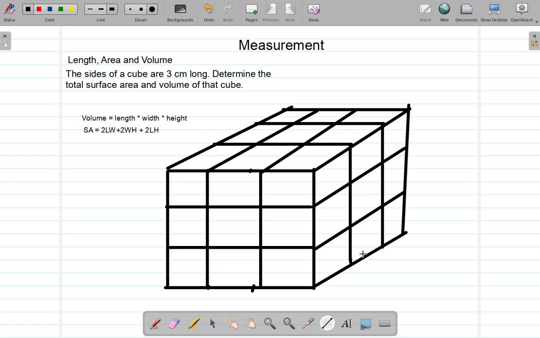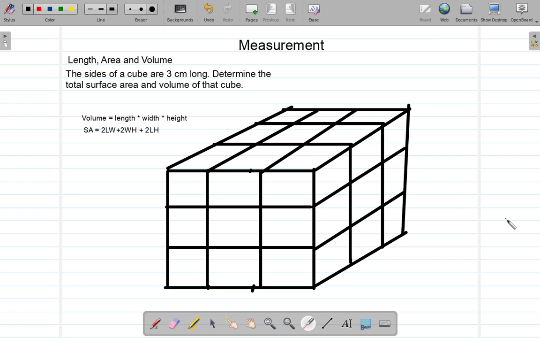Good. So what we have is a height of 1, 2, 3 centimeters, a width of 1, 2, 3 centimeters, and a length of 1, 2, 3 centimeters. Now, let's do the volume first. We know that it would be 3 times 3 times 3.